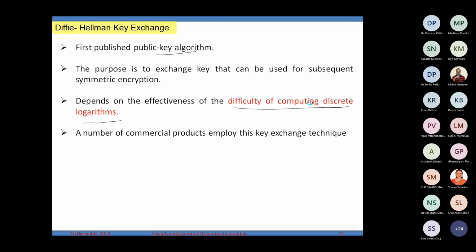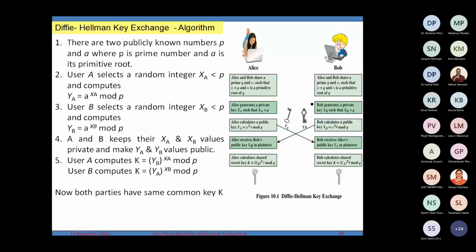I won't spend much time on this Diffie-Hellman key exchange, but the idea is that both communicating parties, Alice and Bob, by executing this algorithm, will finally share a common key. Once they have a common key, obviously they can communicate using a symmetric encryption algorithm.